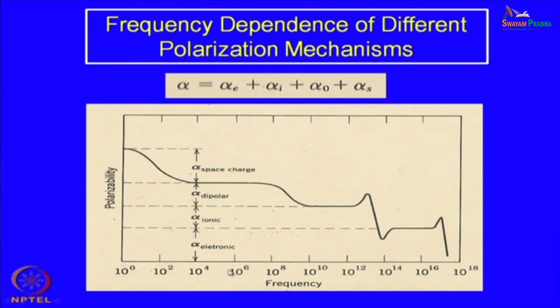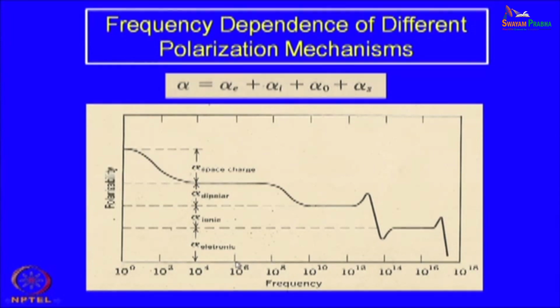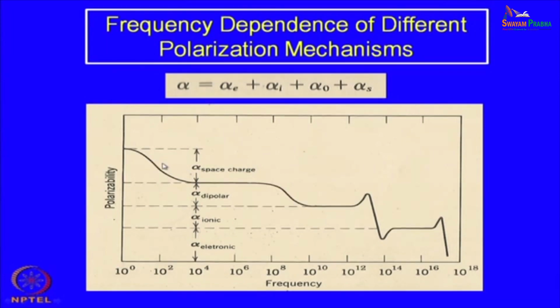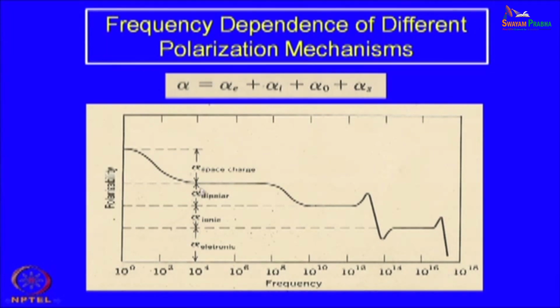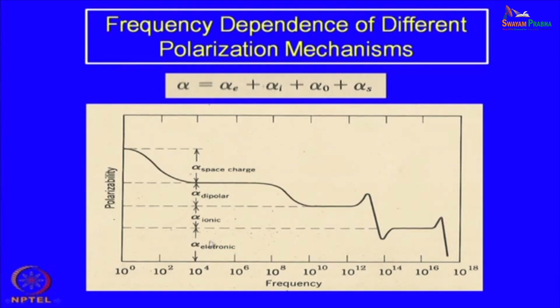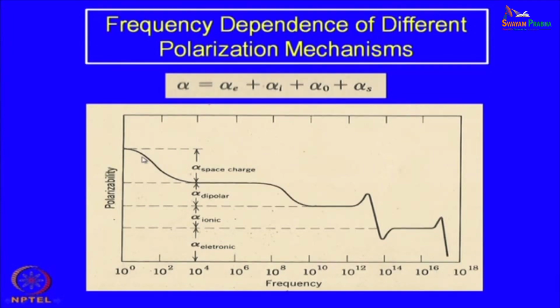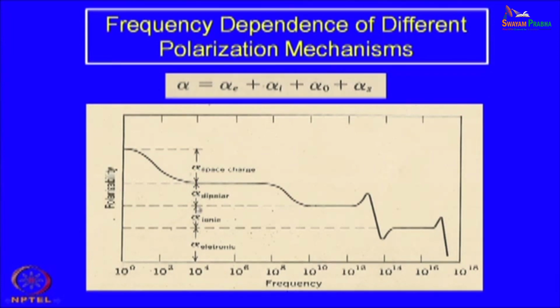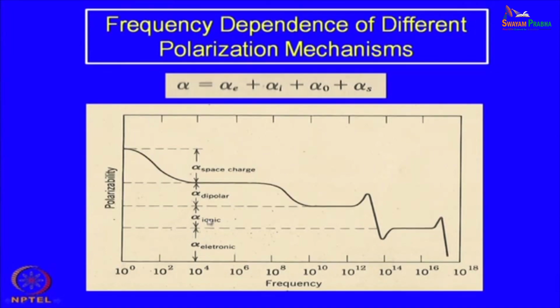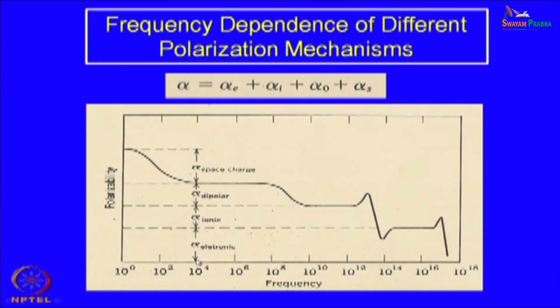Whereas, if one increases the frequency slightly, then there will be a plateau, and this plateau corresponds to the 3 remaining mechanisms. The space charge mechanism will not be operative anymore. So, the polarizability as well as the dielectric constant and polarization will reduce as a function of frequency, and 3 of them will be operative at this frequency range of around 10 kilohertz or so.